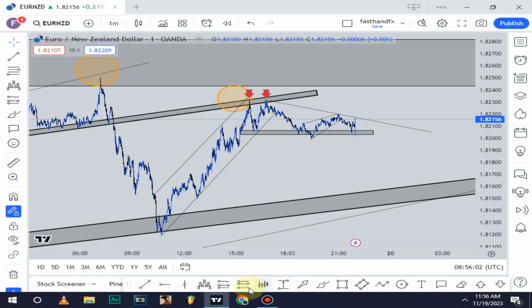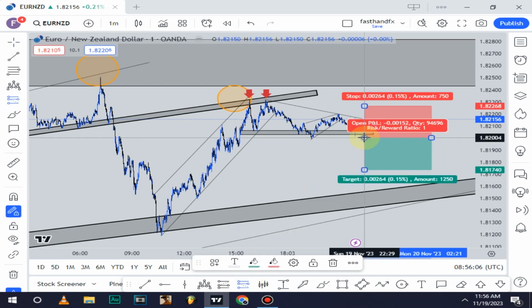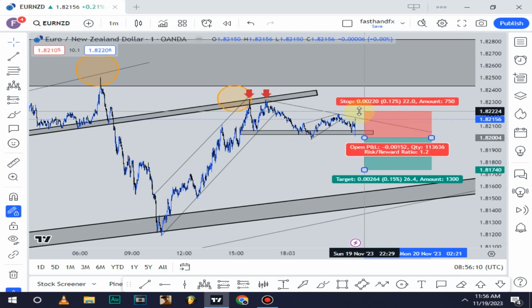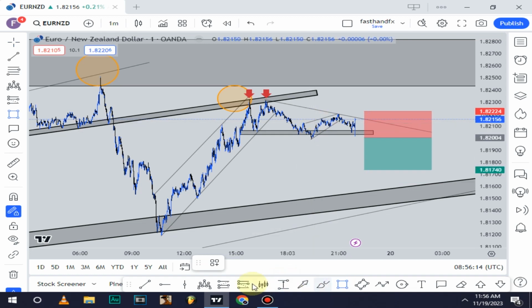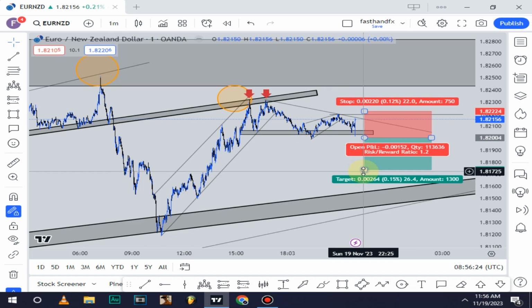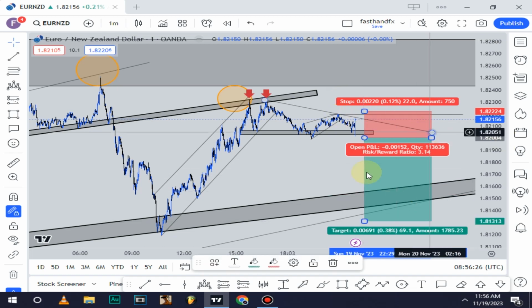So if we have that, guess what? We should be waiting for that break, probably right here. Then our stop loss above this high right here. Okay, so I will just have to also mark this zone right here. I'll mark that zone. Then that's the area of our stop loss, of course.